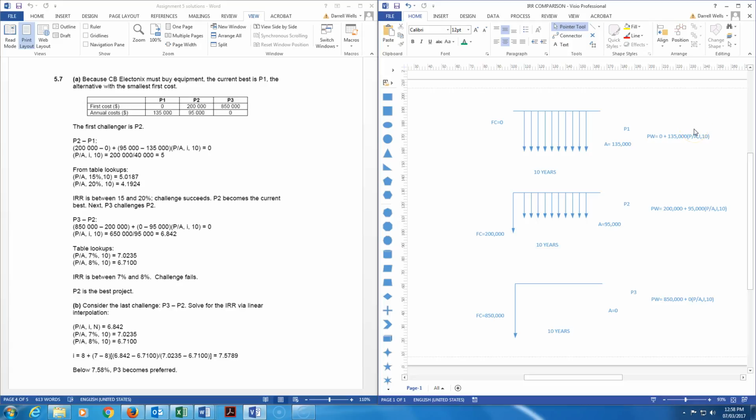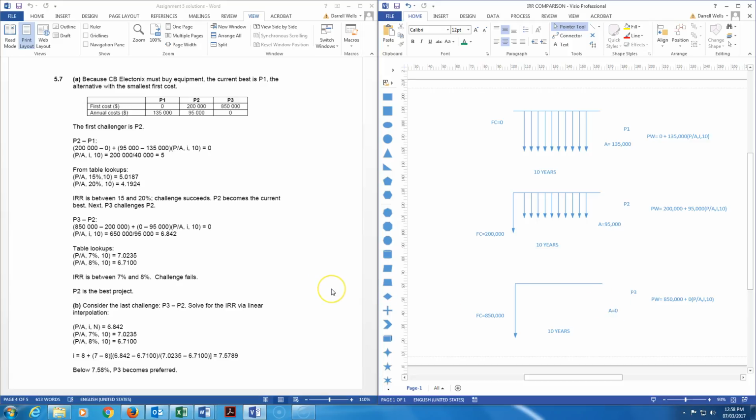Option number 2, the first cost is $200,000, again 10 years to pay an annuity of $95,000, and you can see the present worth formula from this cash flow diagram. And option number 3 is paying the full lump sum of $850,000 down now, and no more payments for the rest of the 10 years, so A equals 0.